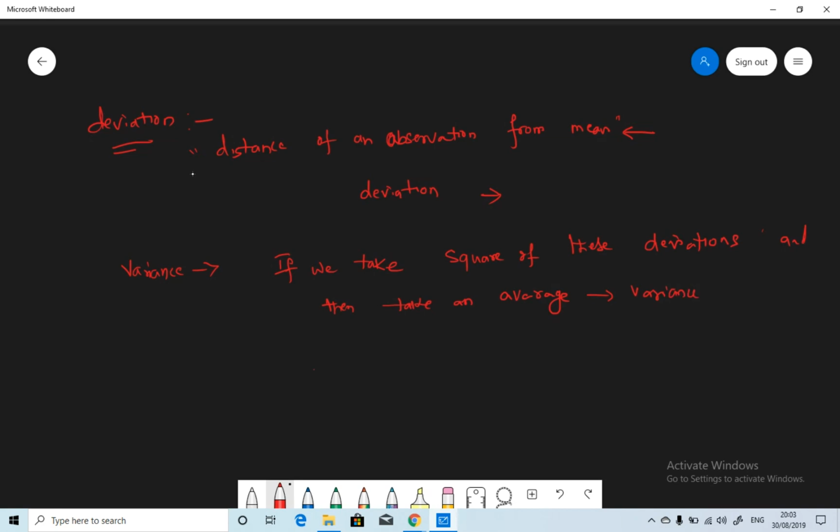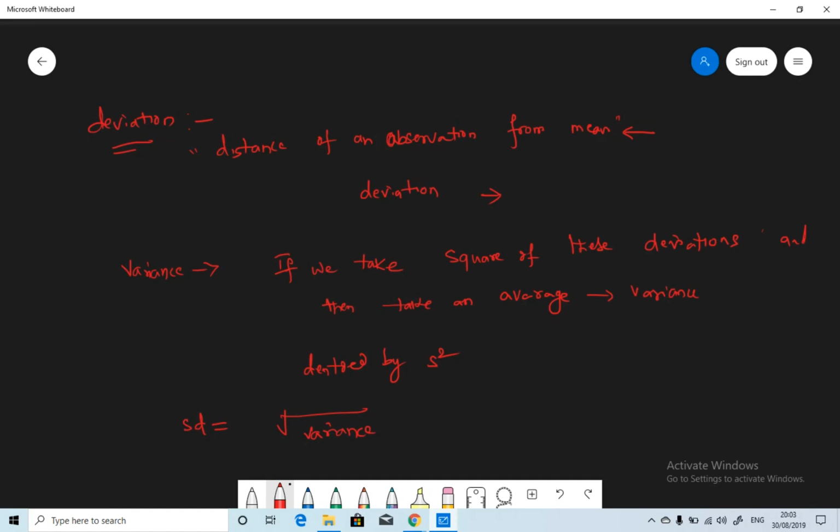Variance is denoted by sigma square, right? Now, standard deviation is equal to the square root of variance.